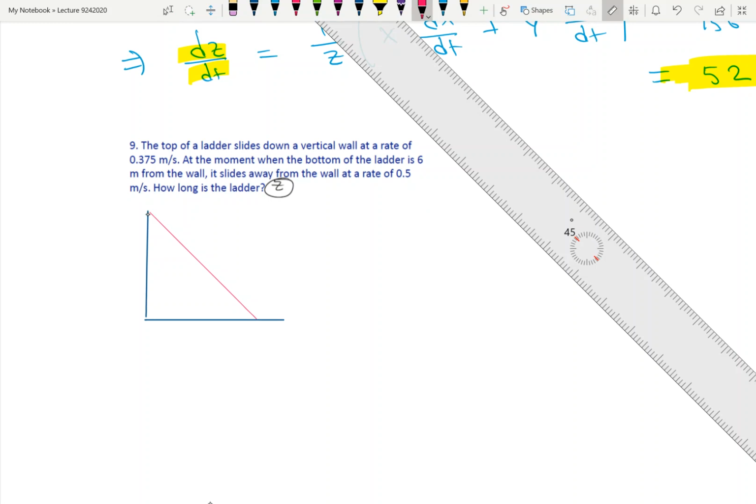So we have this wall and this distance, the bottom of the ladder is 6 meters from the wall. So this distance is 6 meters.